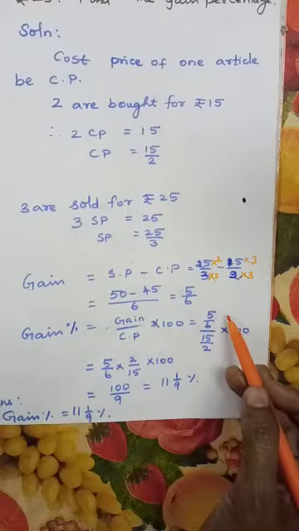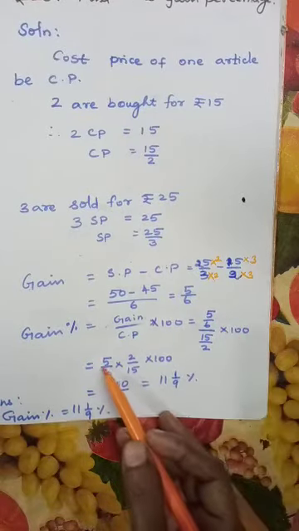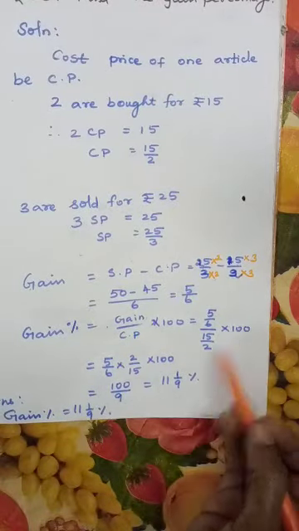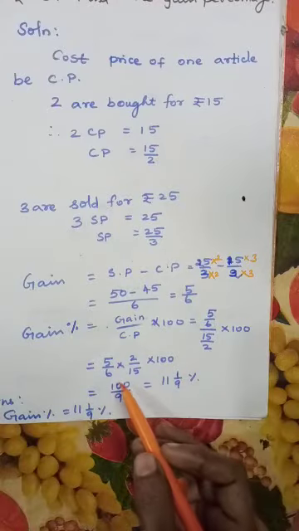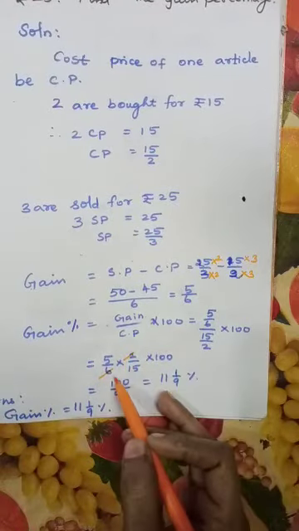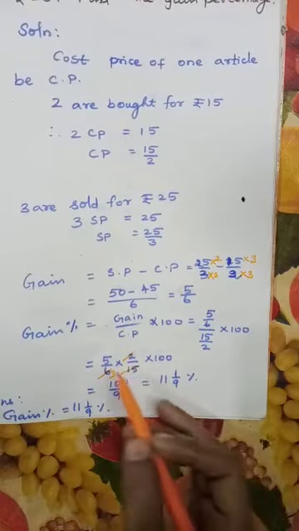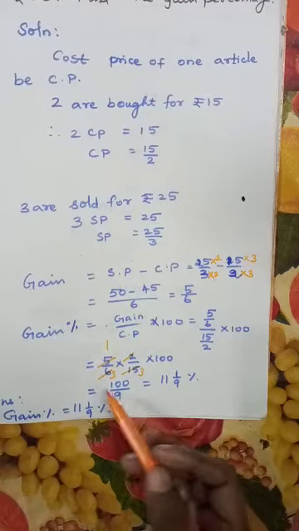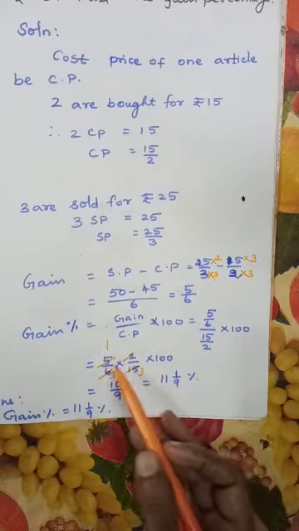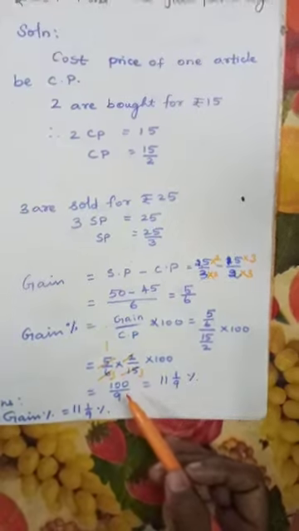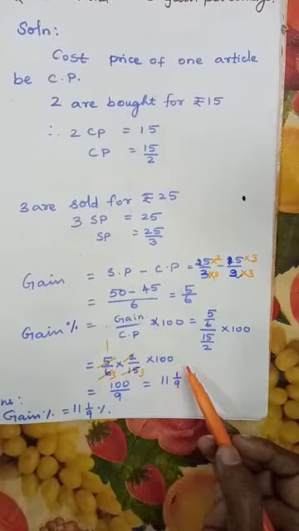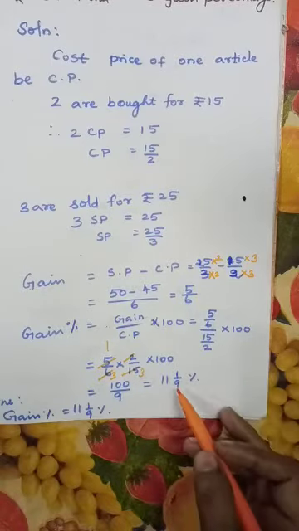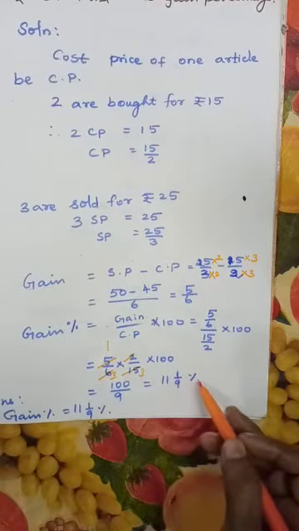So 5 by 6 into 2 by 15 into 100. Now you cancel 2 and 6: 3 2s are 6. Again 1 5 is 5, 3 5s are 15. So 3 3s are 9. So 1 by 9 into 100.